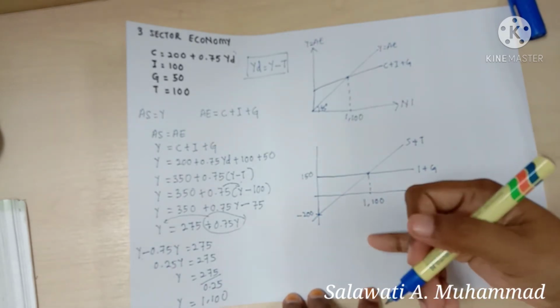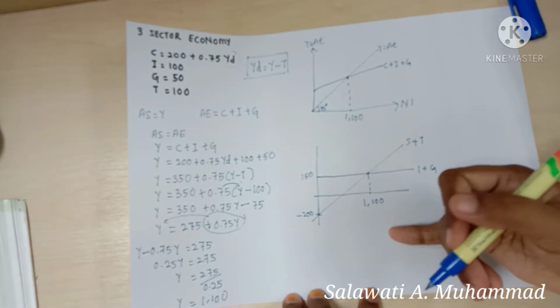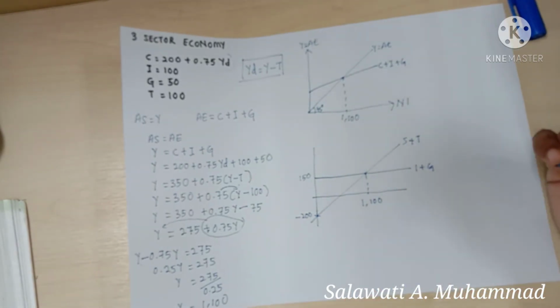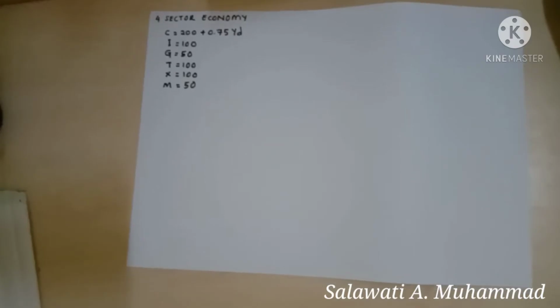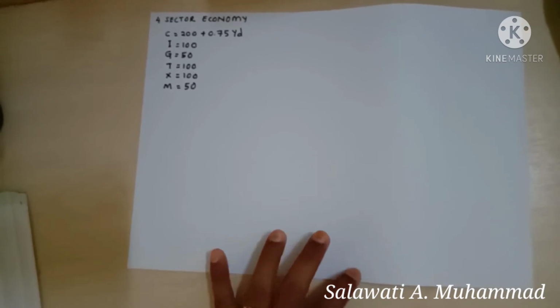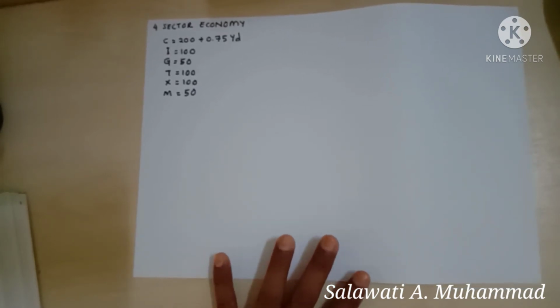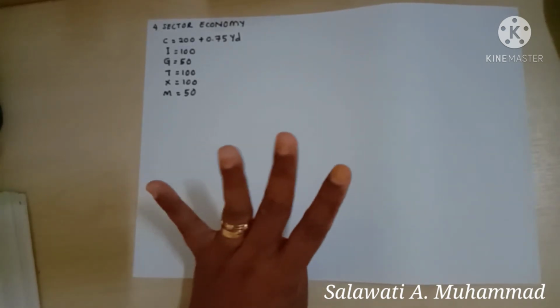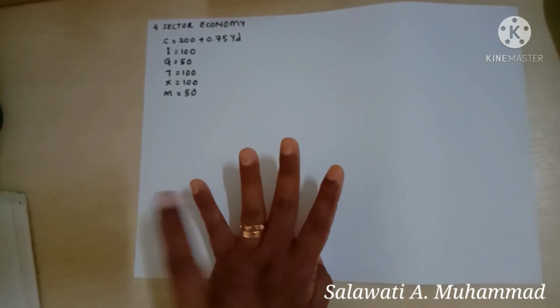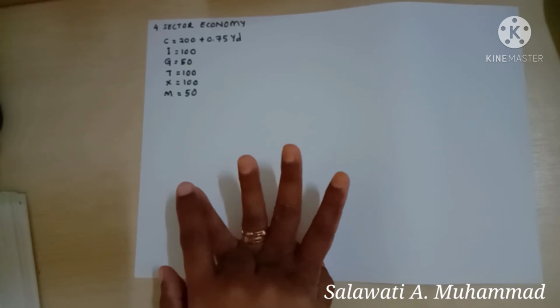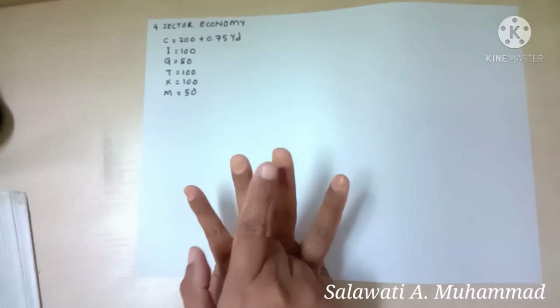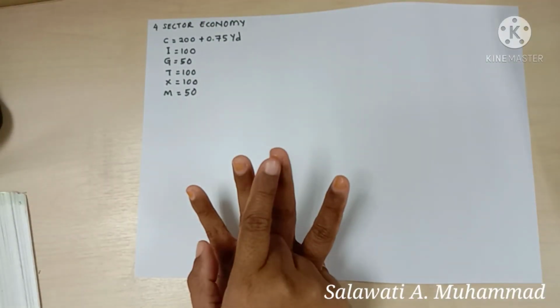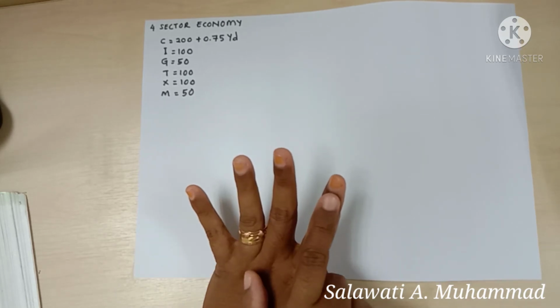So this is equilibrium in three-sector economy. Now we look at four-sector economy. In a four-sector economy, we have household, firms, government, and foreign sector.